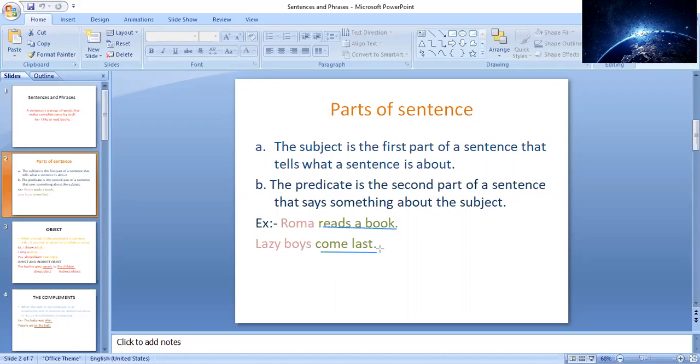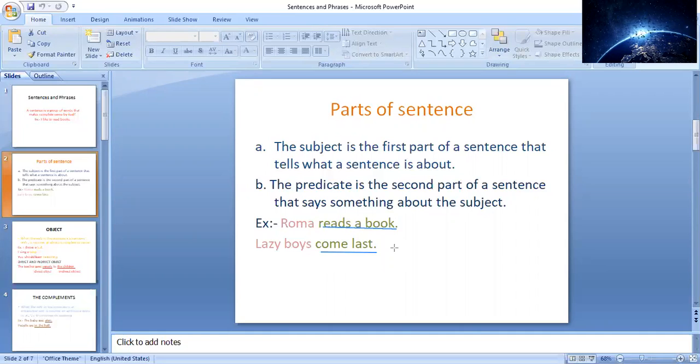Then come last is telling about the lazy boys, or about the naming part.